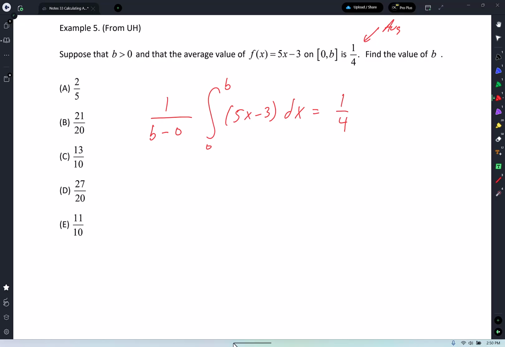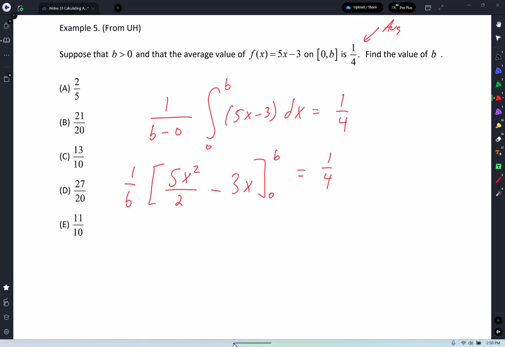All right, so the only calculus is the middle part right here. So 1 over b, and I'm going to put bracket, because in that bracket I'm going to put my antiderivative. What's the antiderivative of 5x? 5x squared over 2 minus, what's the antiderivative of 3? 3x. Close it. 0 to b equals 1/4.